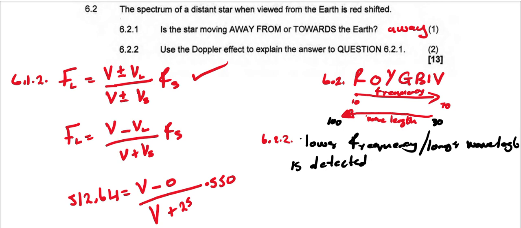If it is 2 marks, maybe here we're going to have 1, or just to be safe, put the other point.